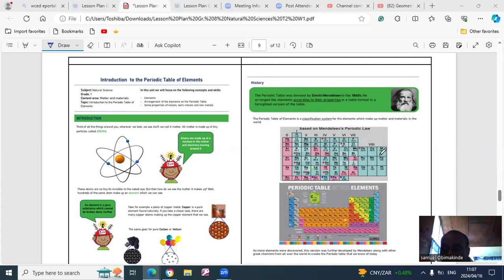So it predicted them very well. He was a Russian scientist.